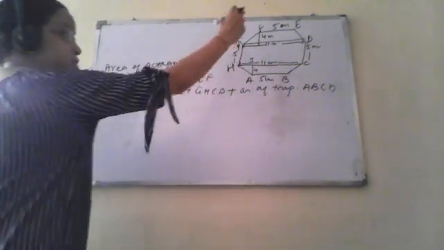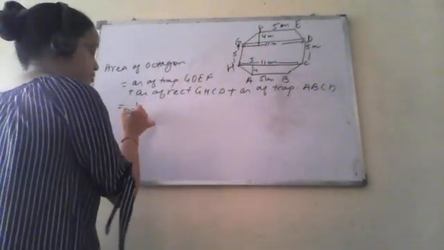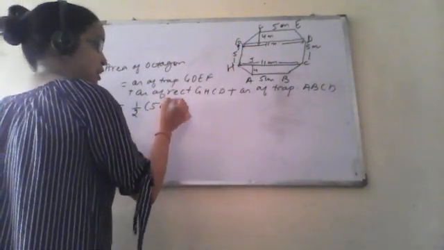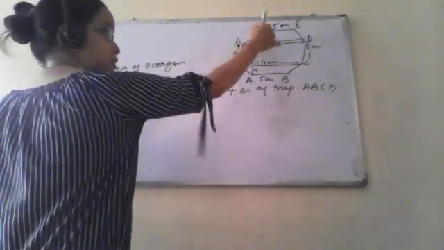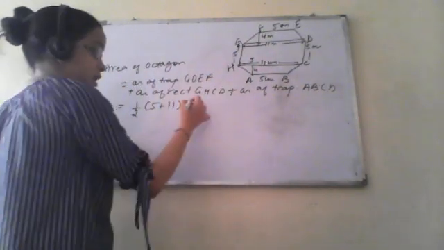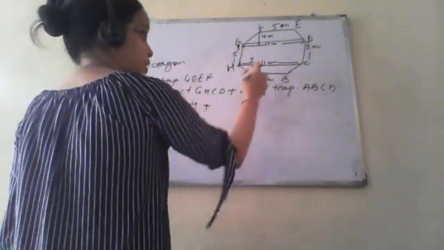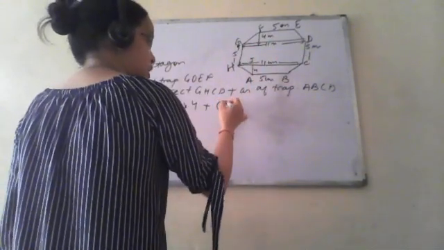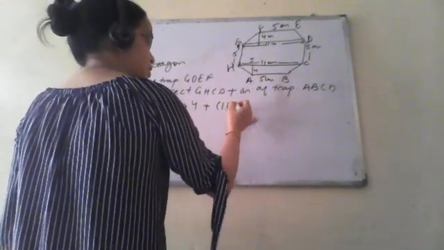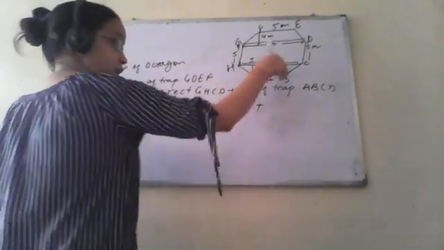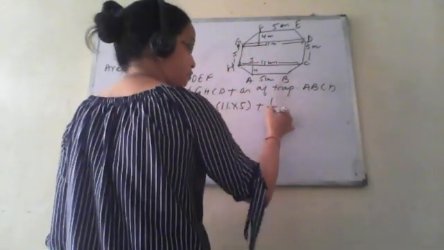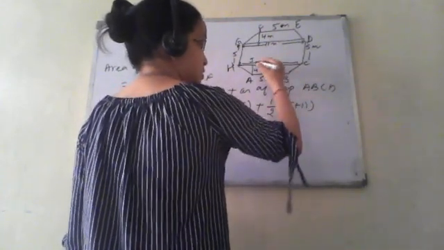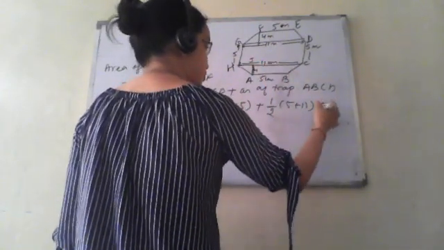So area of trapezium GFED will be half the sum of parallel sides, 5 plus 11, into the perpendicular distance, that is 4, plus area of rectangle, length into breadth, 11 into 5, plus again the area of the trapezium, half of 5 plus 11 into the perpendicular distance 4.